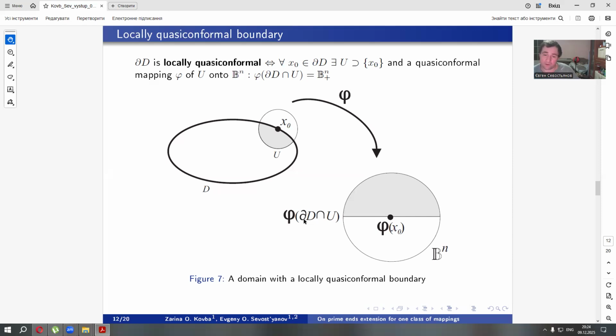Here also the boundary of D is not required.